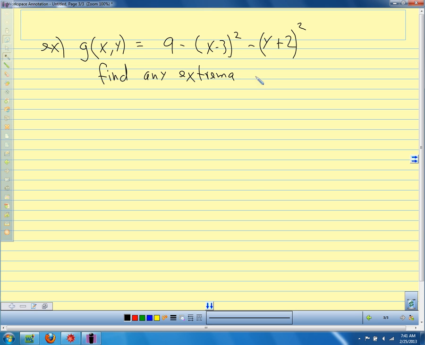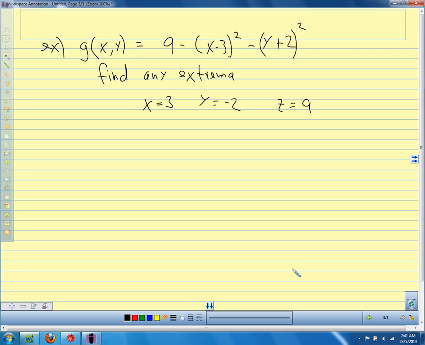So x equals 3, y equals negative 2, and then I could find the extreme value by plugging 3 and negative 2. What would z equal? Z equals 9. So that's our one maximum, is at the vertex.